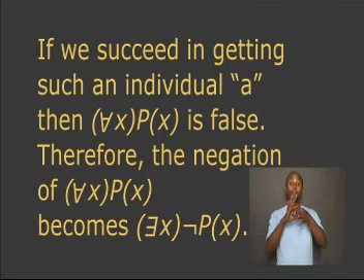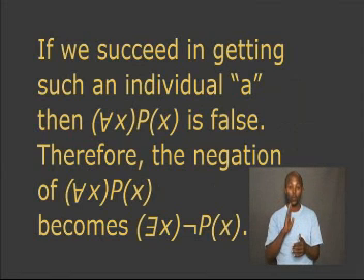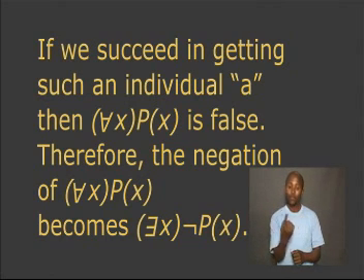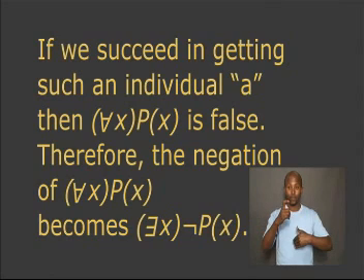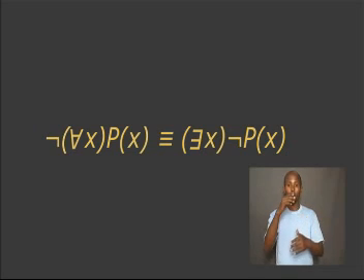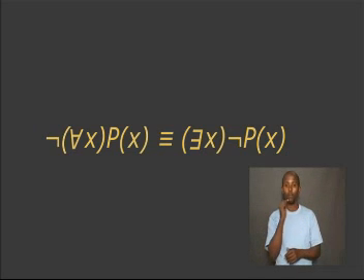The proposition for all x then P of x will be false only if we can find an individual a such that P of a is false, which means the statement there does not exist x for P of x has a truth value of T. If we succeed in finding a, then the proposition for all x then P of x is false.